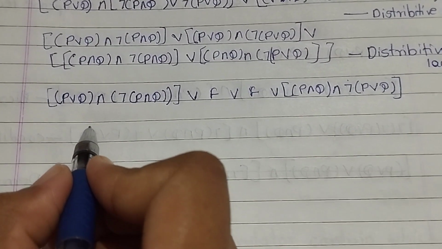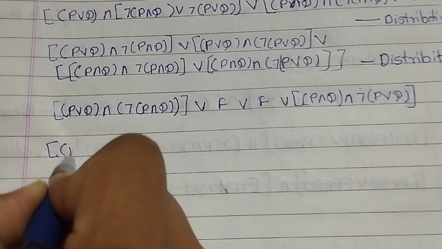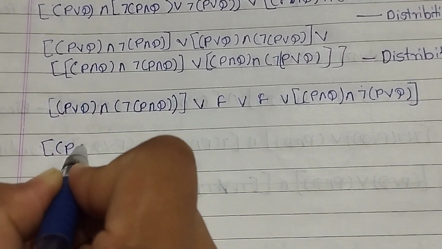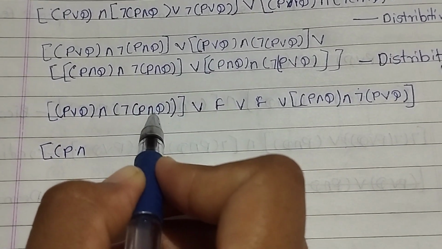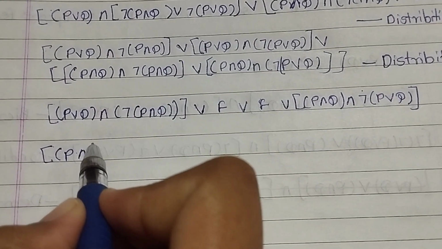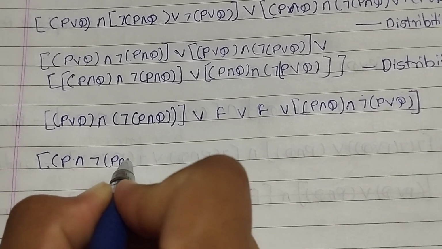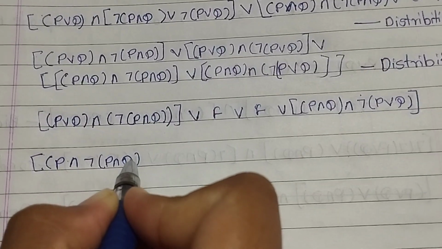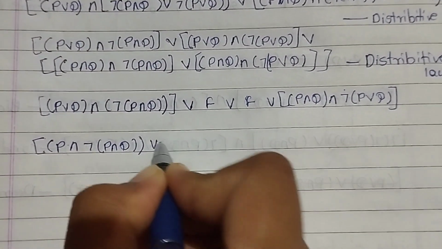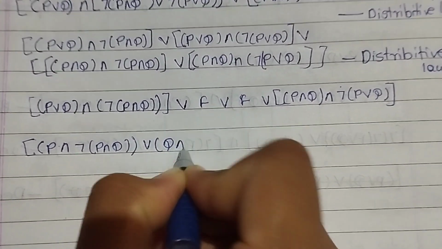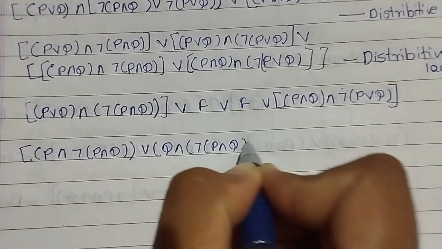Now we use distributive law. P and the whole bracket negation of (P and Q), or Q and negation (P and Q).